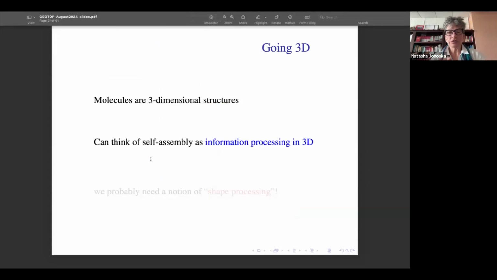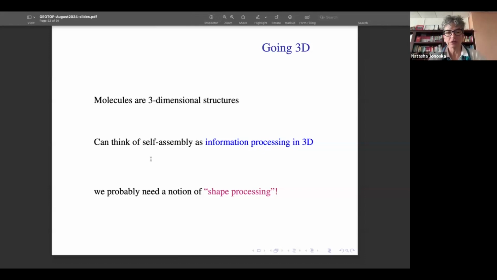I can think of self-assembly as information processing in 3D in some sense. Every molecule can be thought of as an information unit that, when it assembles with another molecule, gives some kind of information processing. And we probably need a notion of shape processing, rather than the one-dimensional computation and information processing that we currently have in all our computers.